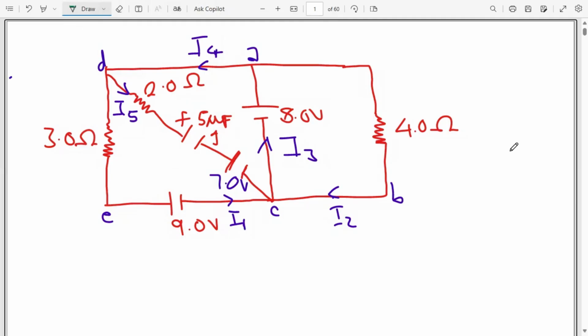So if this capacitor, FG, these two plates that inhibit the flow of electrons, are fully charged, they are not going to allow any current to pass through them.